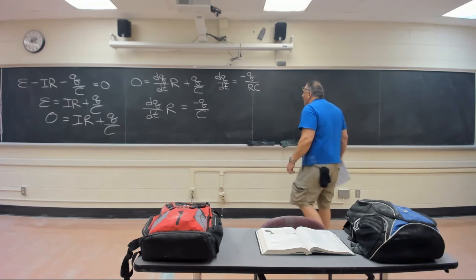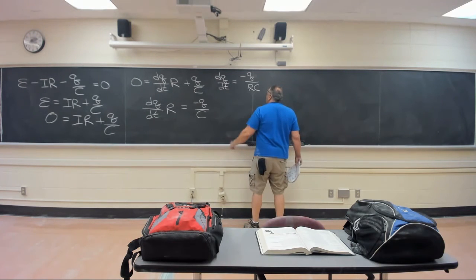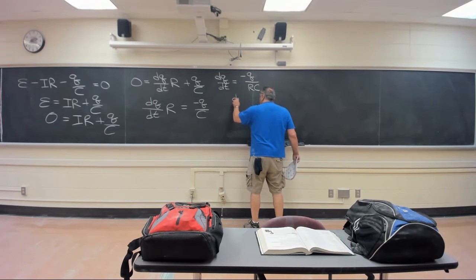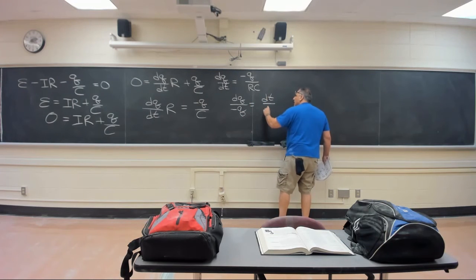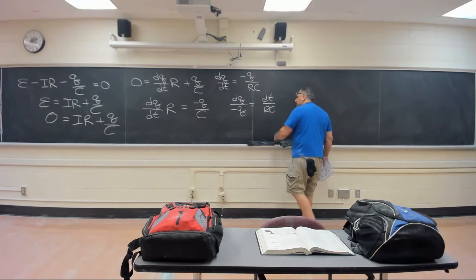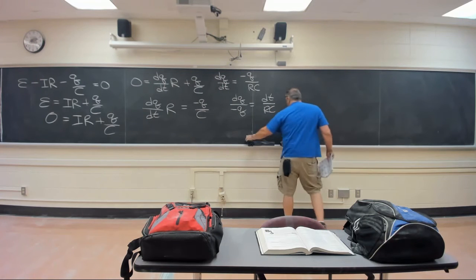Let's multiply by dt on each side and divide by negative Q on each side.